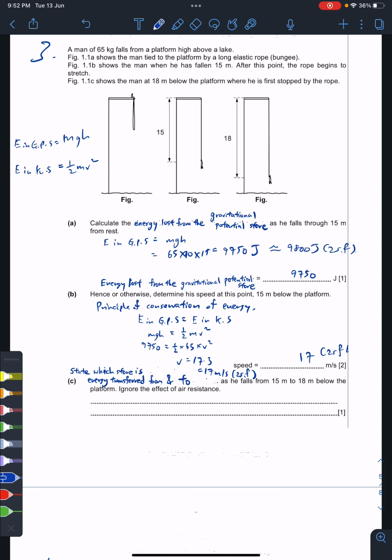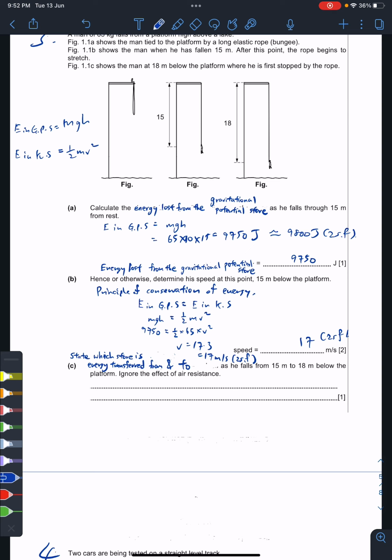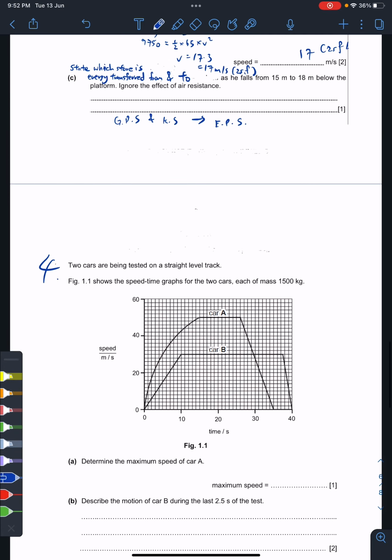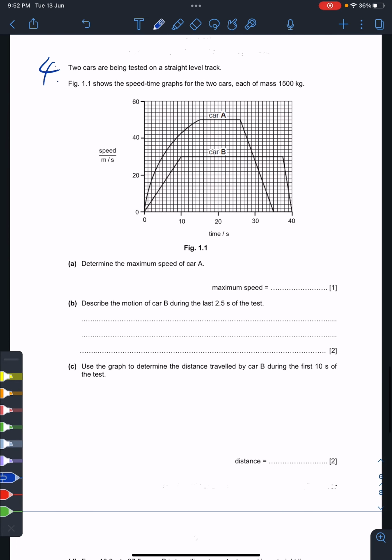Yes, so which store is it transferred from and to? It is basically your gravitational potential store, and kinetic store becomes your elastic potential store. Yep, and the last question.